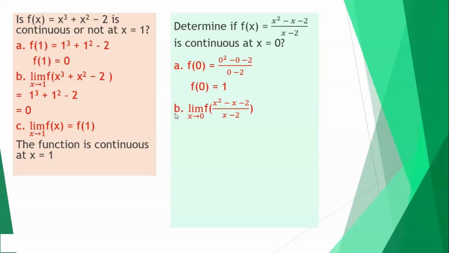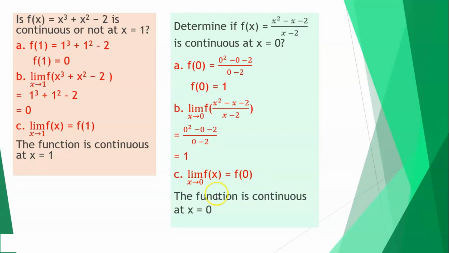Okay, letter B, find the limit of the function as x approaches 0. Substituting this, we will end up with 1. With this, the limit of f of x as x approaches 0 is equal to f of 0. So, this function is continuous at x equals 0.